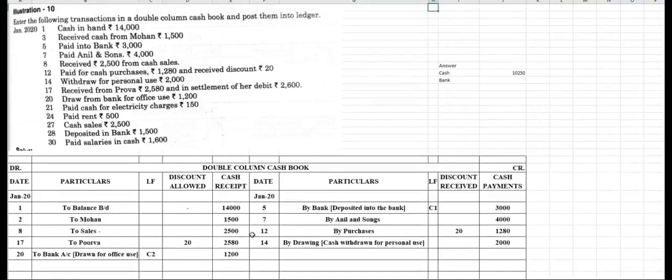Next, 20th over. On 21st, paid cash for electricity charges, rupees 150. On 21st, by electricity charges, how much? 150 rupees.